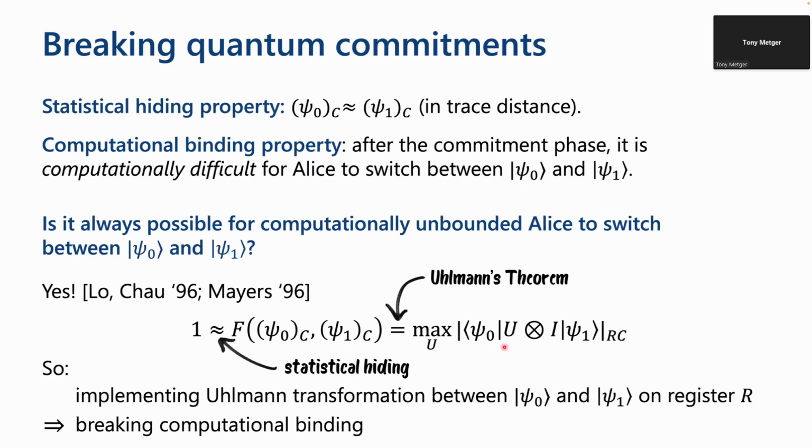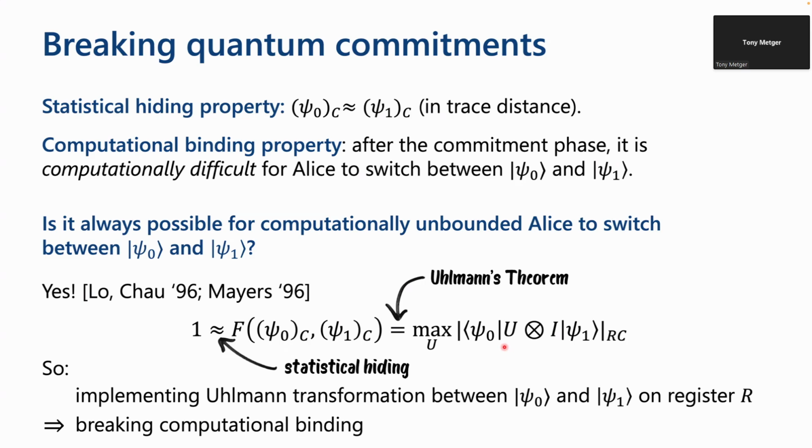Okay, now you can see how this is going to get related to Uhlmann, right? Implementing the Uhlmann transformation between the two states, psi0 and psi1, on the reveal register, the one that Alice keeps to herself, is precisely the same as breaking the computational binding property of the commitment.